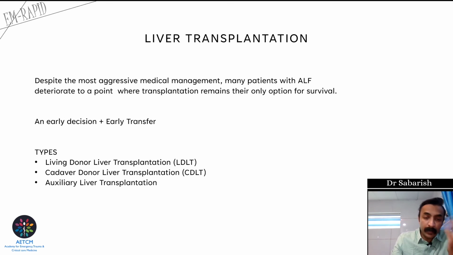It could be a cadaveric donor where liver in toto is taken from a brain dead patient and is transplanted into the patient, or it could be an auxiliary liver transplantation where a partial portion of the patient's liver is retained and a graft is taken from a donor and is kept, with an assumption that the retained liver will regenerate in due course.